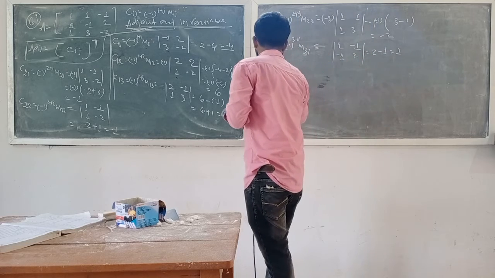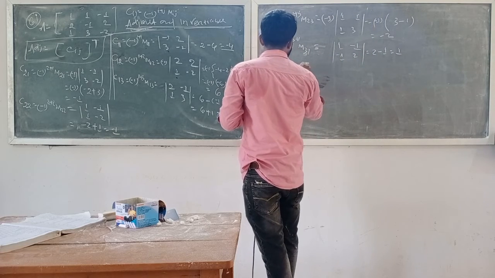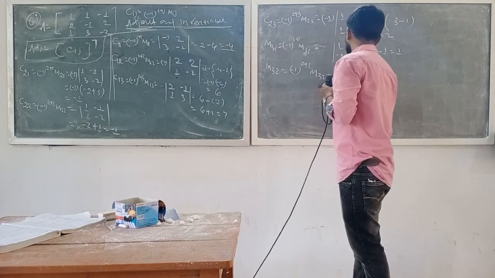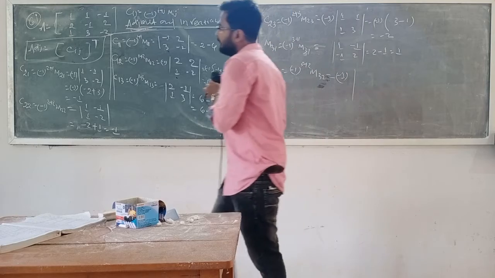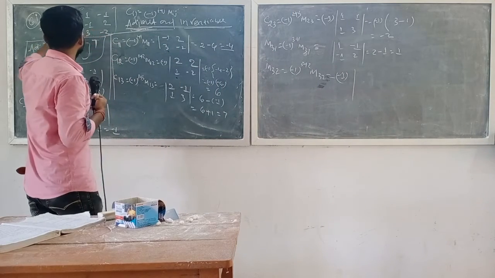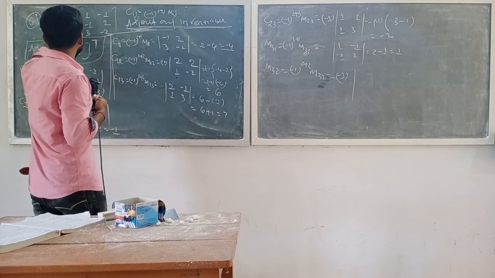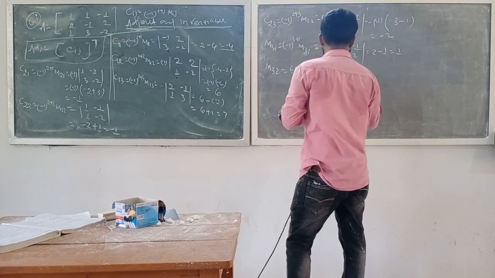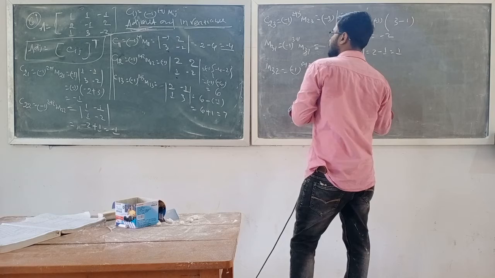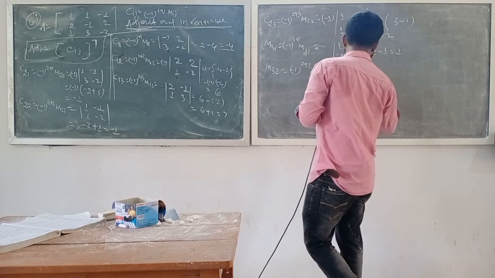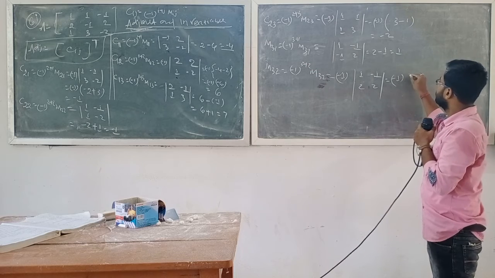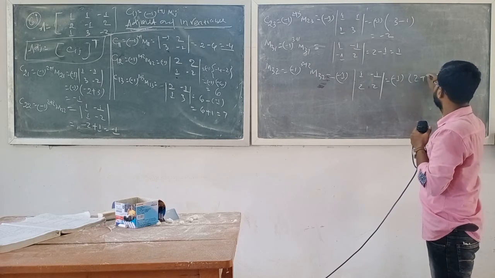Similarly, C32 is -1 to the power 3 plus 2 into M32, like -1 into M32. Deleting the third row and second column, the remaining elements are 1 minus 1, 2 1 minus 1, 2 2. So that is -1 into 2 minus of minus plus 2.